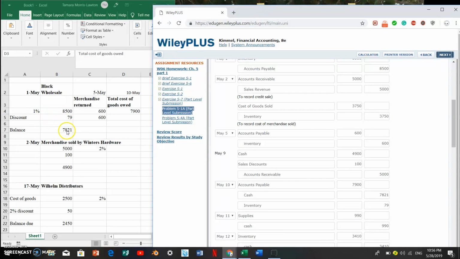So the total amount that they would pay would be $7,821 in cash. We would debit accounts payable with $7,900, credit the cash account with $7,821, and credit the inventory account with $79 to reflect the discount that they earned.